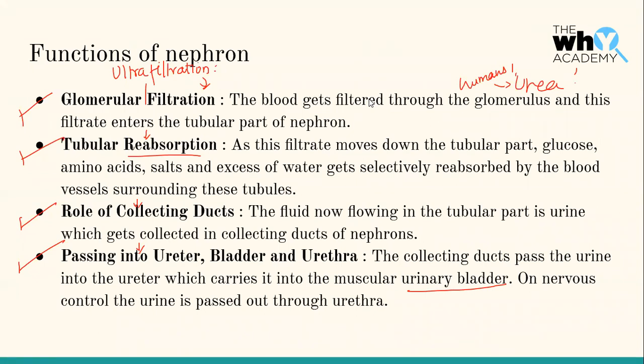So this brings us to the end of our chapter. Like I said, excretion is the smallest part among all the four life processes. And this is all you need to remember: the diagram of the nephron, and actually there's one more diagram which you can make note of, which is the diagram of the kidneys, ureters, etc. So the basic excretory system diagram.